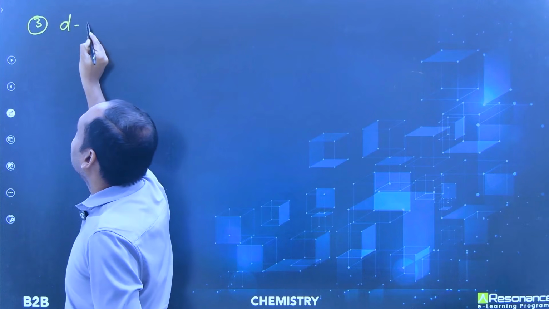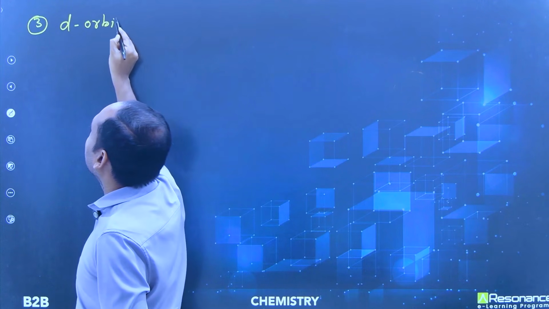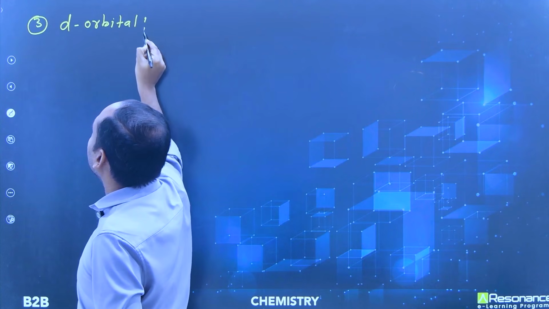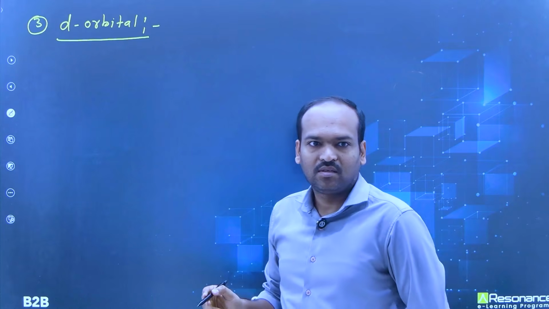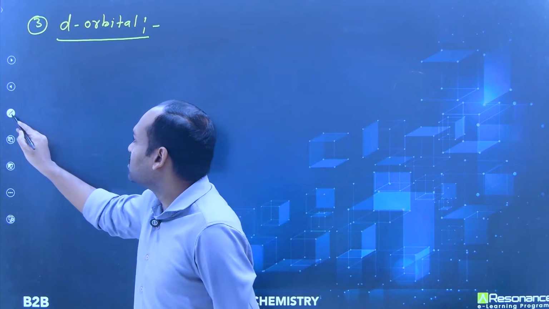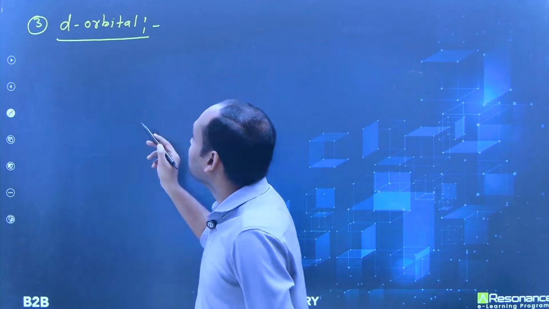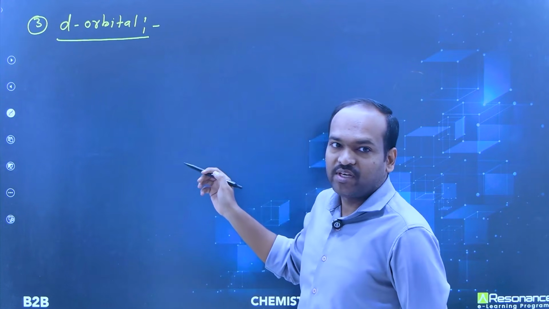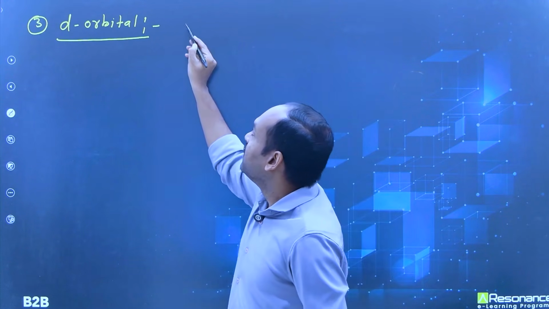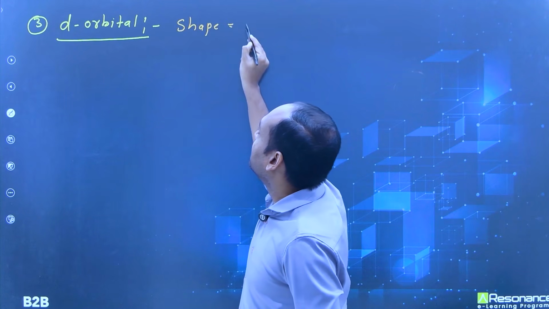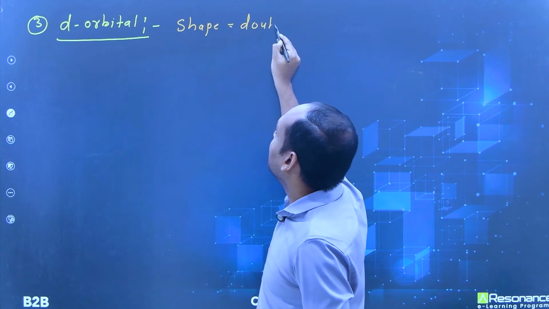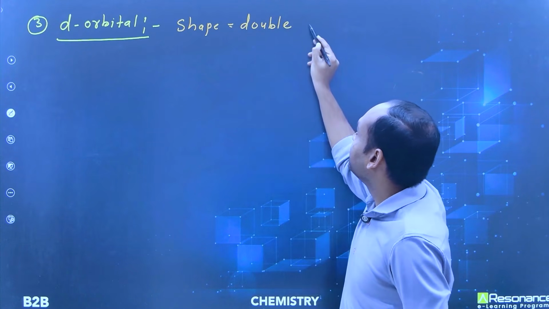Now third, the d orbital. What is the shape of d orbitals? The d orbital shape is double dumbbell.